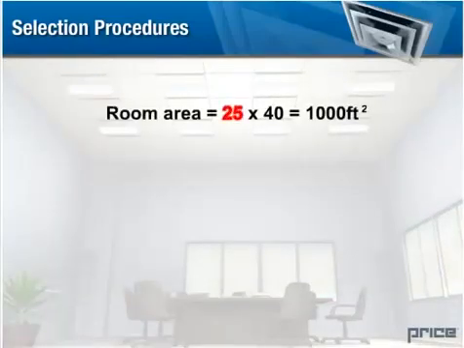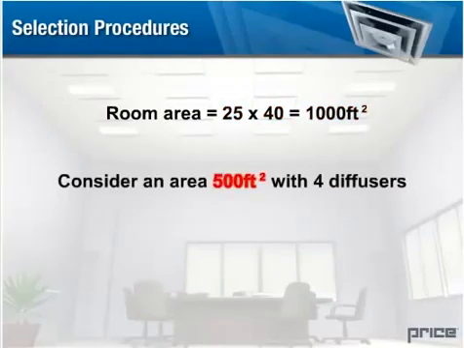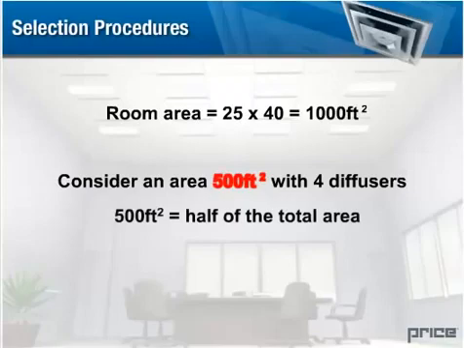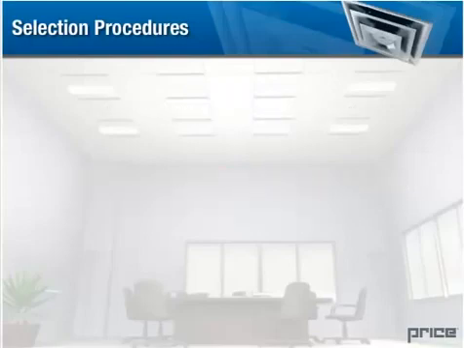The total area of the 25 by 40 foot room is 1,000 square feet. Due to the dissipation of sound, a 500 square foot area will be representative of the overall noise level, so we can consider an area of 500 square feet containing 4 of the 8 troffer diffusers.